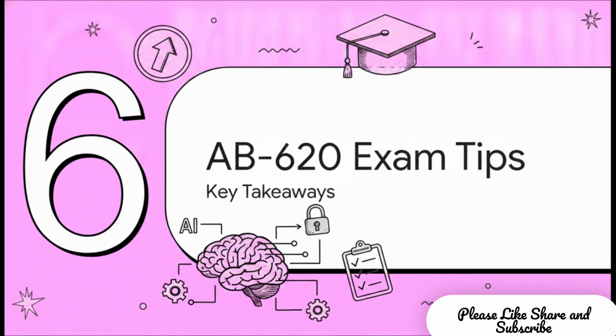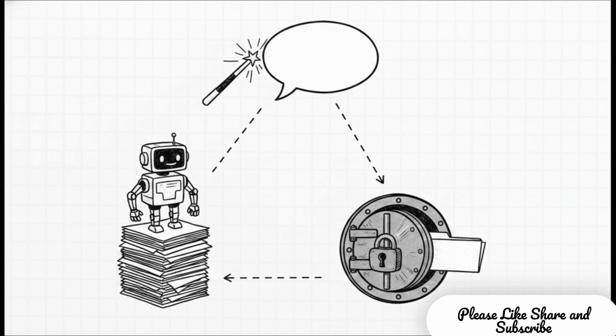Section 6, AB-620 Exam Tips. Key takeaways. Success in both the exam and the real world relies heavily on clubbing excellent prompt design with rigorous access controls and continuous token monitoring. You need to write incredibly clear prompts and always ground responses with your organizational data. Furthermore, applying least privilege access ensures that your AI agent only has permission to view the data it absolutely needs to do its job.